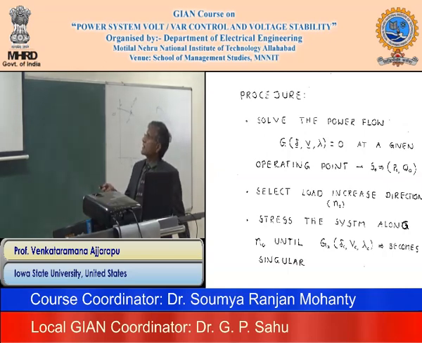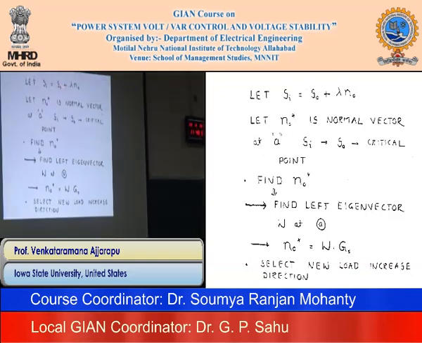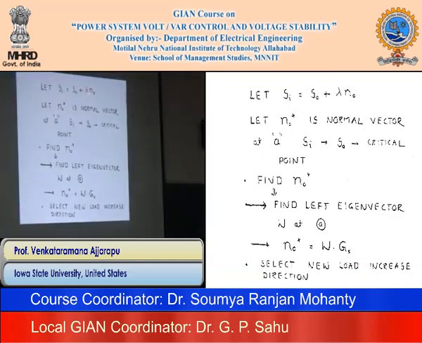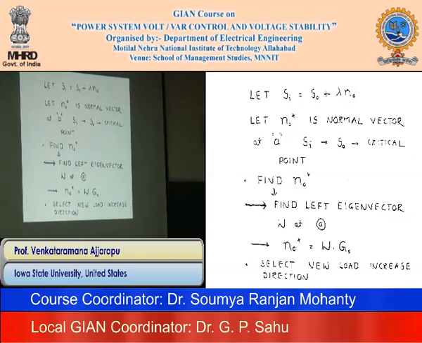Search the system along N0 until Gx becomes singular. We already did that. And then let Si be S0 plus lambda M0, and let M0 star be the normal vector at A, right? So you have to calculate N0 star, that is the normal vector at A. M0 is the load direction, N0 star is the normal vector. I think that's the distinction.